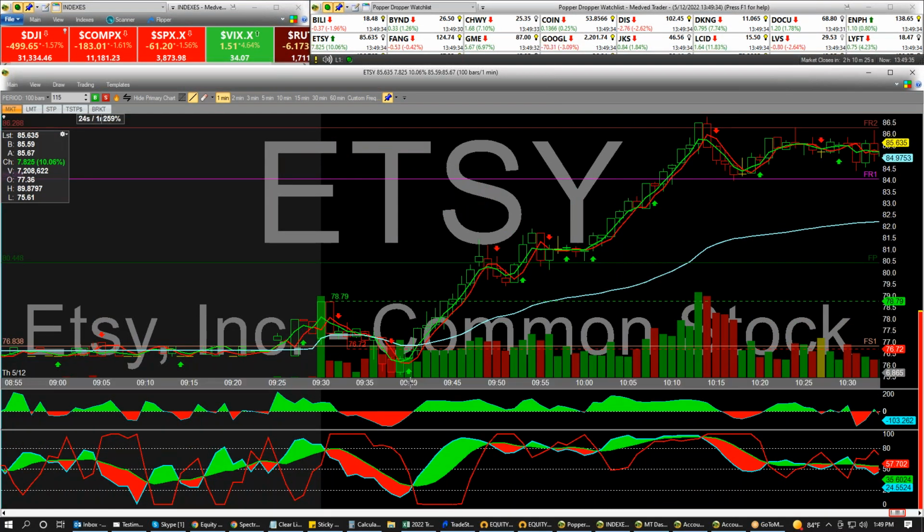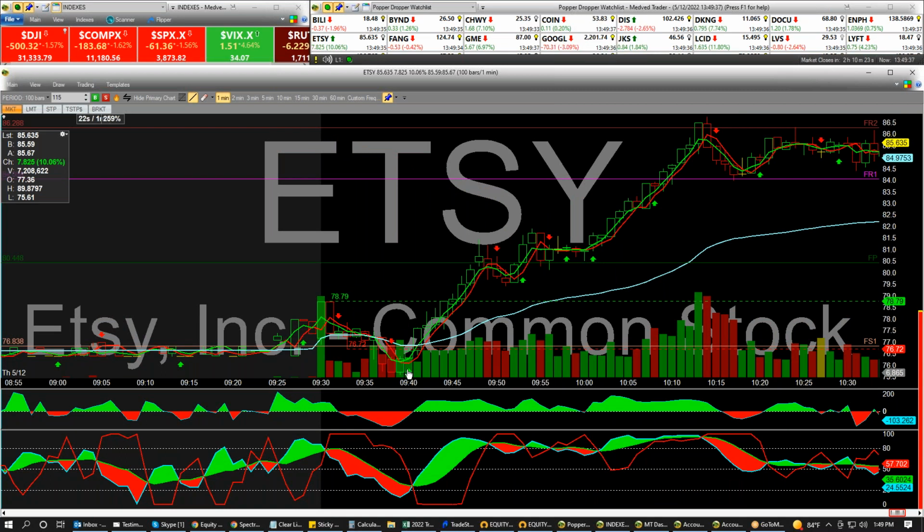But here was a perfect spot this morning. Etsy, up green arrow, and then you got CCI and KDJ simultaneously as it breaks VWAP. So look at that, was a huge run right there. That was like 9 points. That's the big moves.